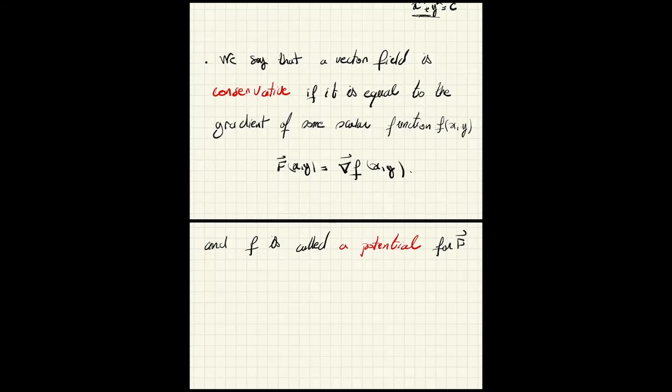The friction on the road is not a conservative force. You cannot find a function f such that the gradient of this function gives you the force that is applied against you when you move against the wind or the road.